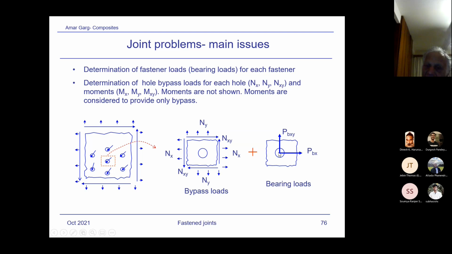The load going through the fastener is essentially the bearing load, the load reacted by the fastener. But the load which is not reacted by the fastener is just bypassing the hole or the fastener. So this is bypass load and this is bearing load. Now, the important thing in composites is that we need a separation of the bypass load and bearing load in order to analyze the joint.